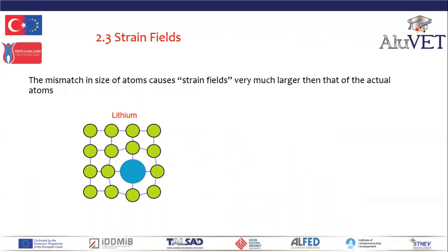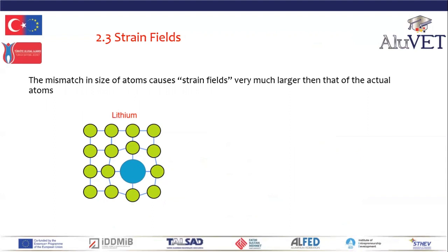Now, the mismatch in the size of atoms causes strain fields much, much greater than the actual atoms. So the lattice is distorted inwards or outwards, depending on the size of the alloying elements, throughout the adjacent layers of atoms. Thus, the distortion fields are great.